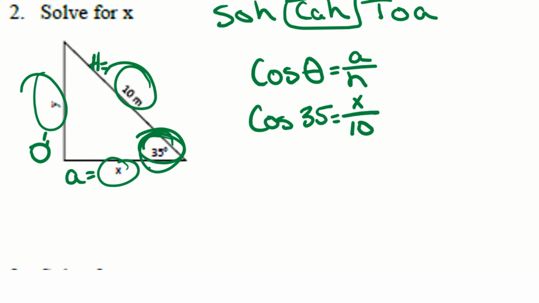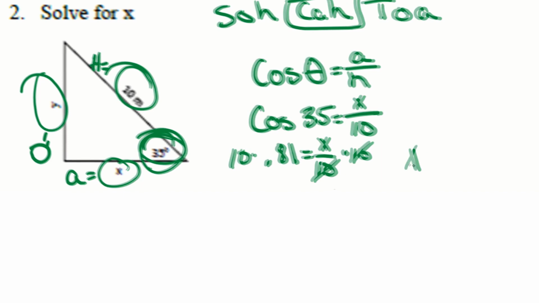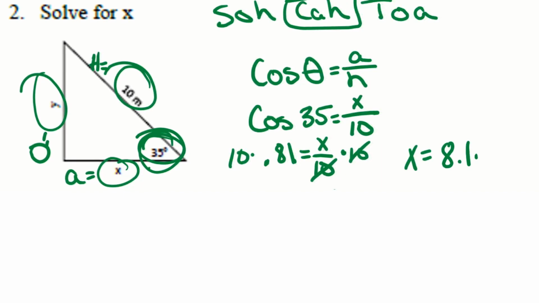So I'm going to write it as 0.81 equals x over 10. Now I need to get rid of the 10, so I'm going to multiply by 10 on both sides. That gives me x equals 8.1 meters, and that would be my answer.